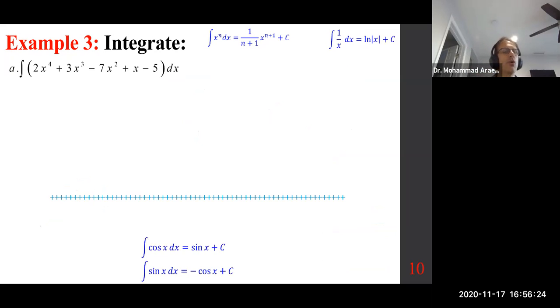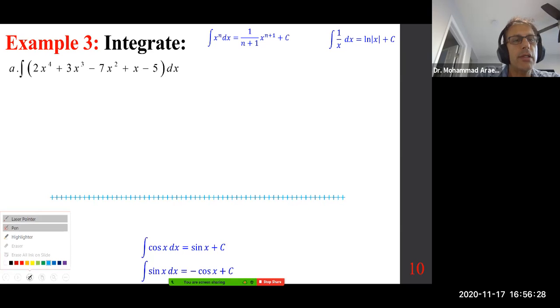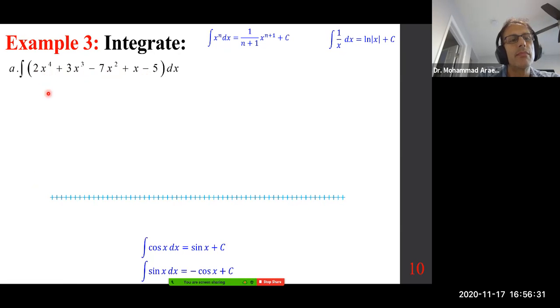All right, so what happens here, we are going to do this term by term. Term by term. Okay, everybody, let's do that. 2x to the power of 4 becomes 2/5 x to the power of 5. 3/4 x to the power of 4 minus 7/3 x cubed plus 1/2 x squared, because remember, this is x to the power of 1.